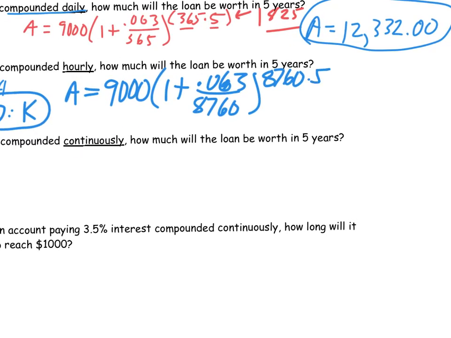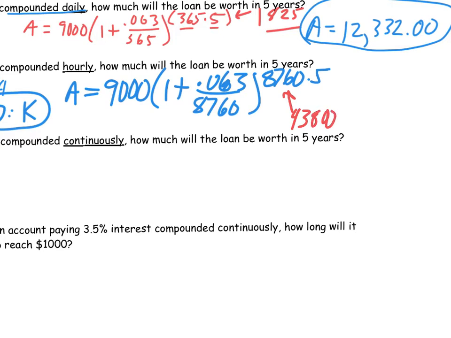Well, I want to know what that is first, so I'm going to multiply those out quick. 8,760 times 5. So the number I'm really going to plug in here for my exponent is 43,800.